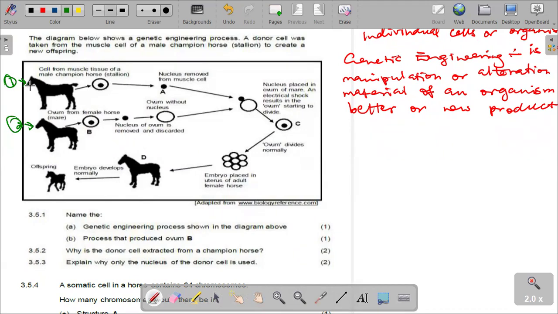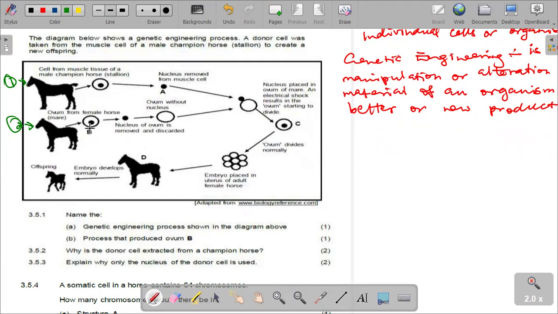What is happening is that we have a cell from muscle tissue of a male champion horse, a stallion, which is being extracted. And then we have an ovum or egg cell from a female horse, shown there, which is horse 2. It gave the ovum, as shown here in scenario B.